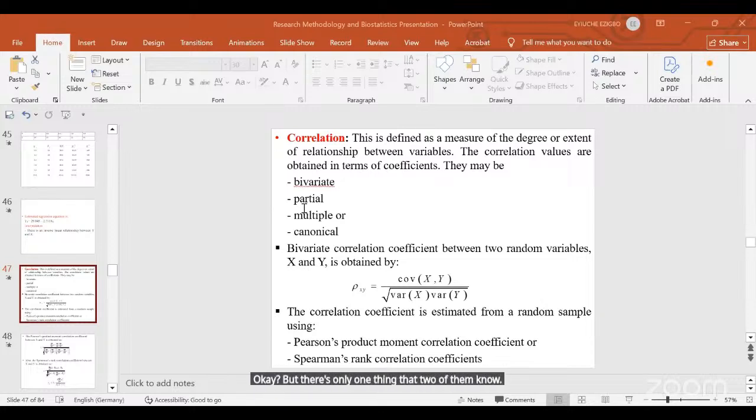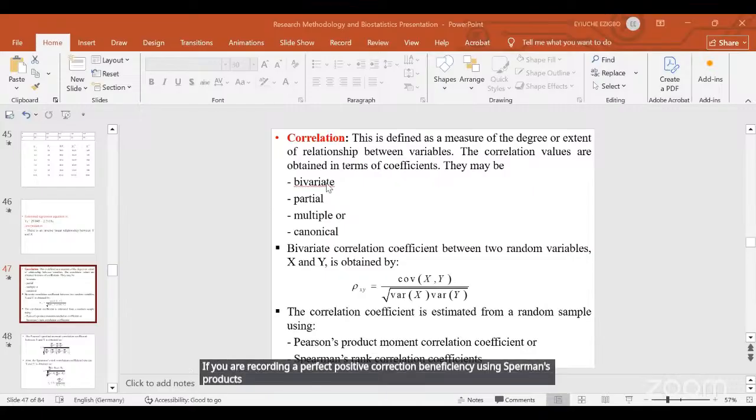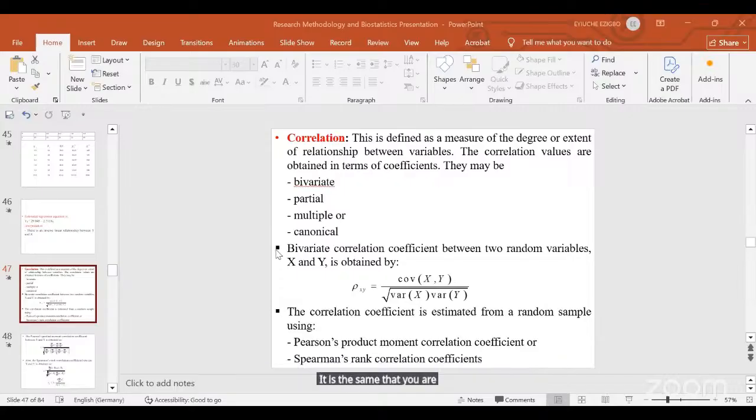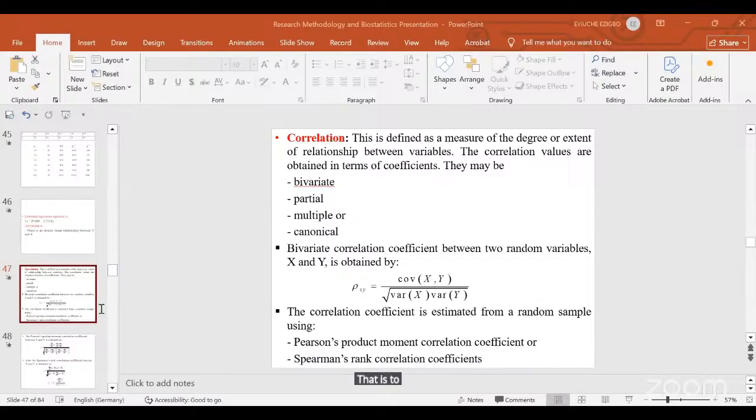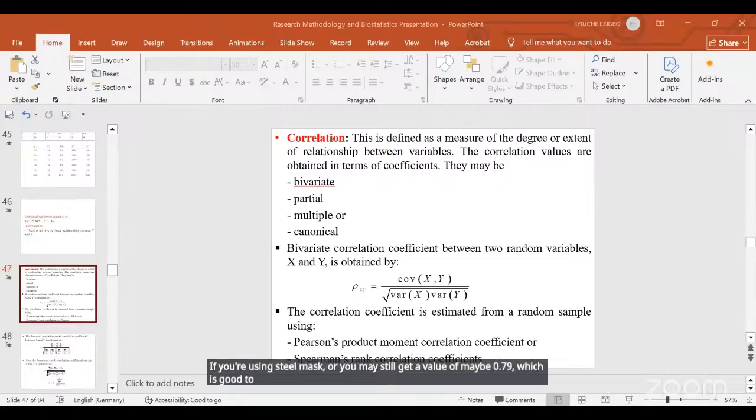If you are reporting a perfect positive correlation coefficient using Pearson's product moment, it is the same that you are going to report when you are using Spearman's rank correlation coefficient. Maybe you have used Pearson's method and you got a correlation value of 0.82. If you use Spearman's, you may still get a value of maybe 0.79, which is closely related to 0.82.